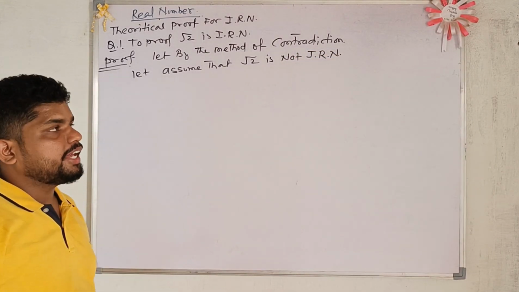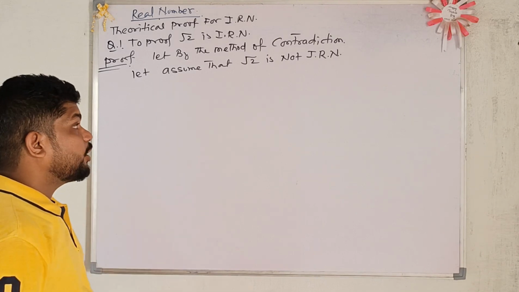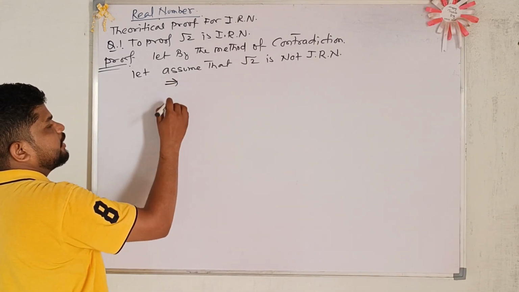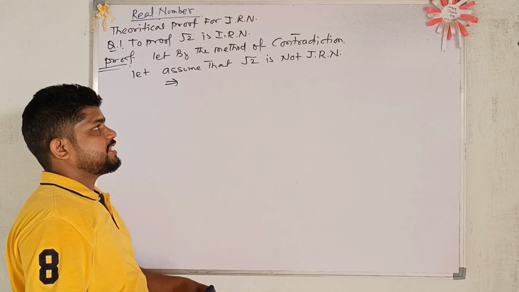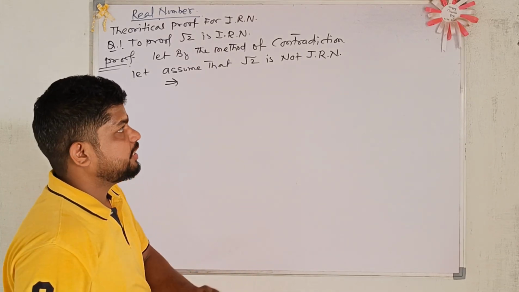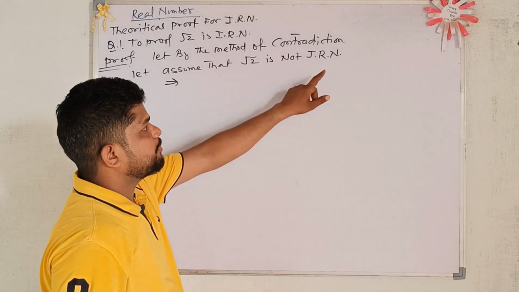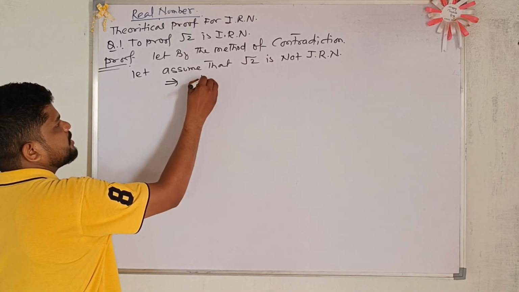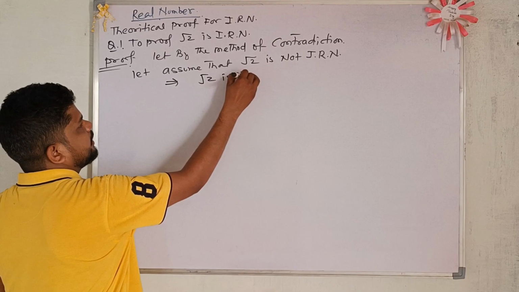We have assumed that root 2 is not an irrational number. Then automatically it implies, as we have talked, that rational and irrational numbers are complements of each other. So if root 2 is not irrational, then obviously it is rational. This implies that root 2 is a rational number.